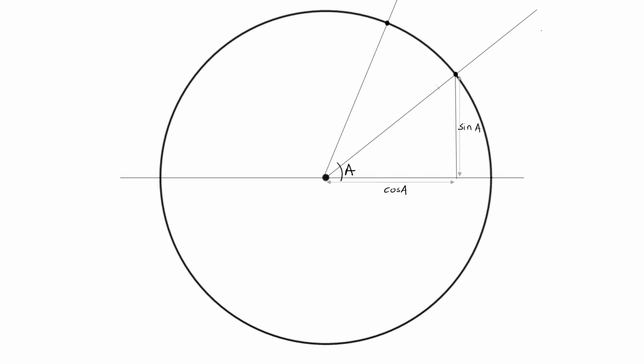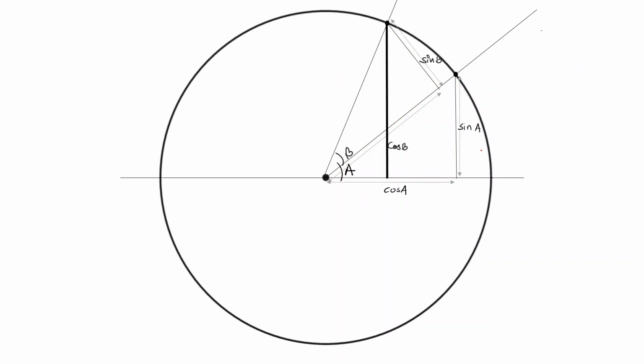You can make this angle B on top of A, and then you can figure out the base and perpendicular of these two lengths. Because this length is 1, you can again break it down. You know the hypotenuse, so the base will be cos B and the perpendicular will be sin B.